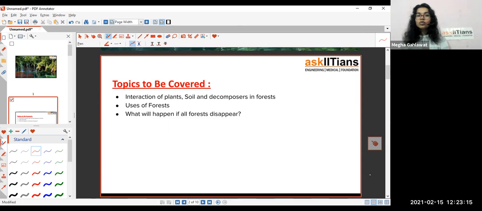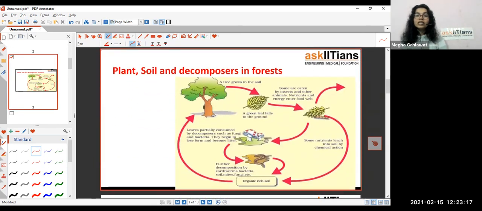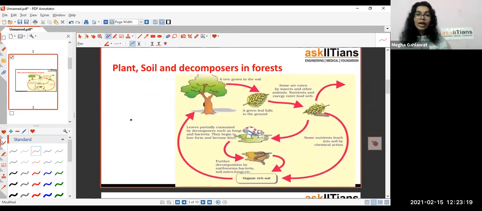But right now, let's move towards the interaction of plants, soils, and decomposers in the forest. It is very important for you to understand that when we are talking about the plant, soil, and decomposers, all three are interrelated. What are decomposers? First of all, you should know, because you know the plant and soil already.